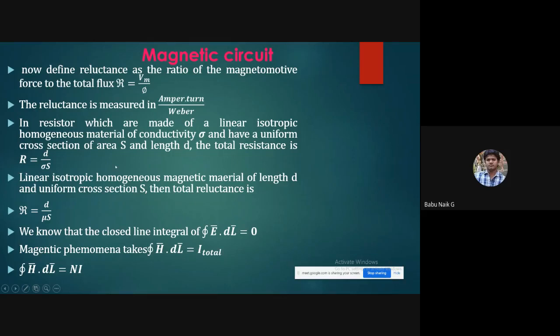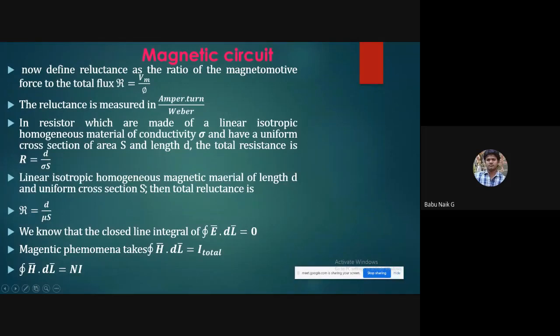Then the total resistance you can calculate as d by sigma into S, which is R equal to rho l by A. Here we are taking conductivity, so resistivity is nothing but 1 by conductivity. Here l is the length of the conductor d, and the area is the cross section area of the resistor.